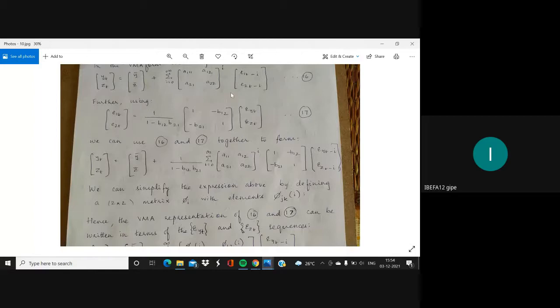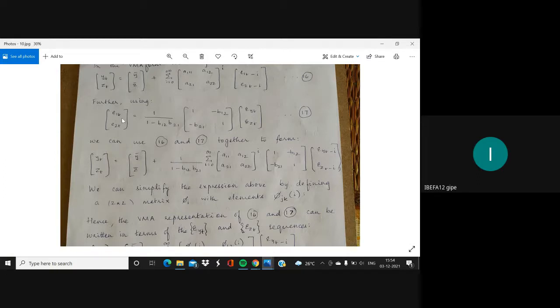Now further, if you use the fact that e1t and e2t are equal to this. Remember earlier what we did was multiplied B inverse into epsilon t. That made the vector of the structural error terms. So we were multiplying B inverse into epsilon t. This is basically your epsilon t, and this whole thing is B inverse.